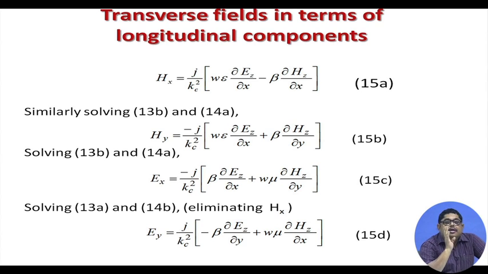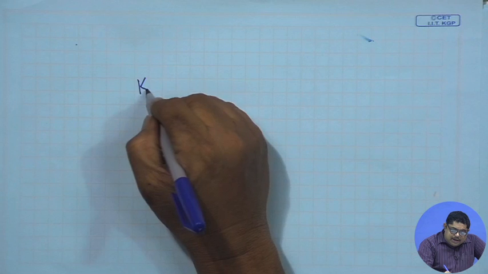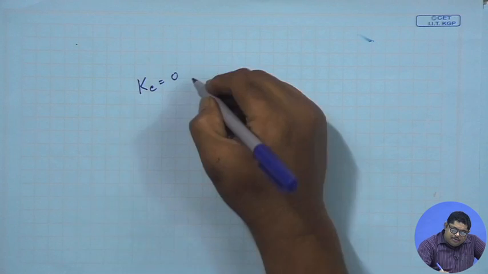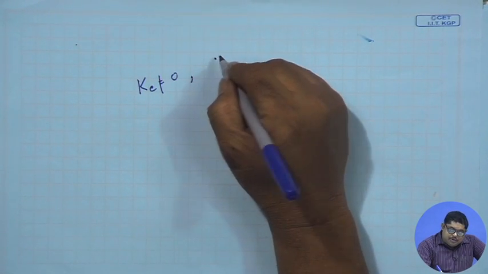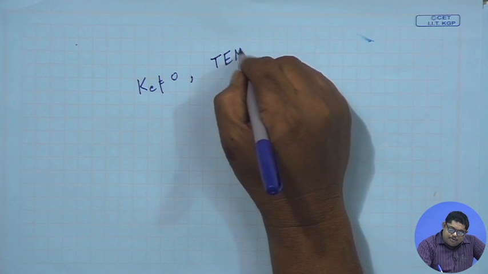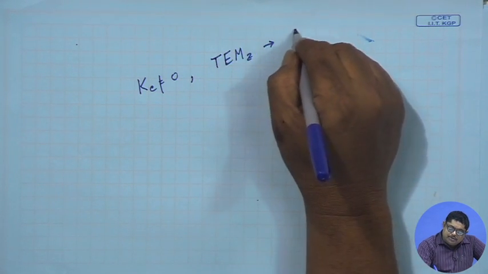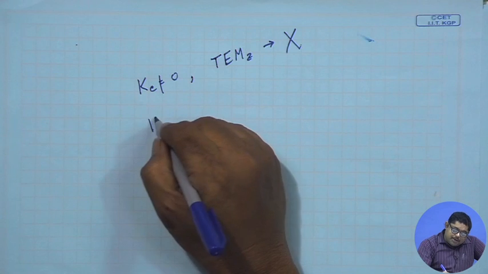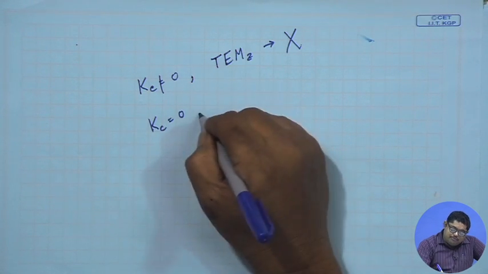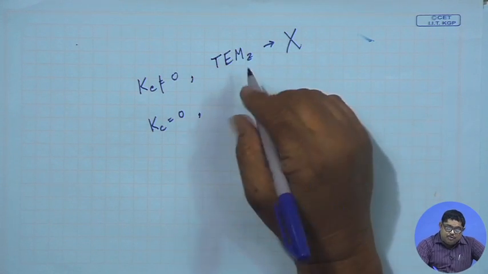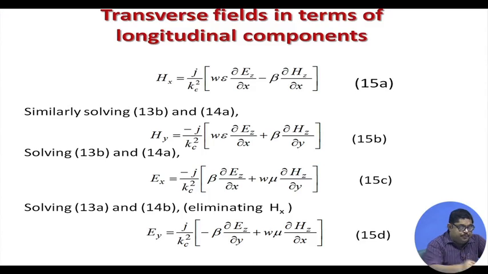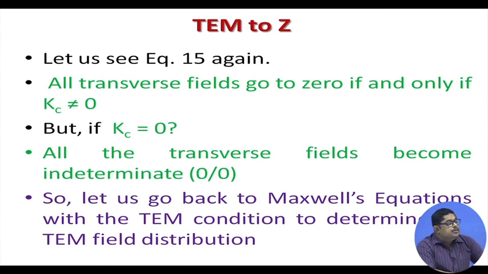If Kc is not 0, then the TM to Z field does not exist, no TM to Z. But if Kc is equal to 0, it may exist. So, we will have to go back and see more carefully.